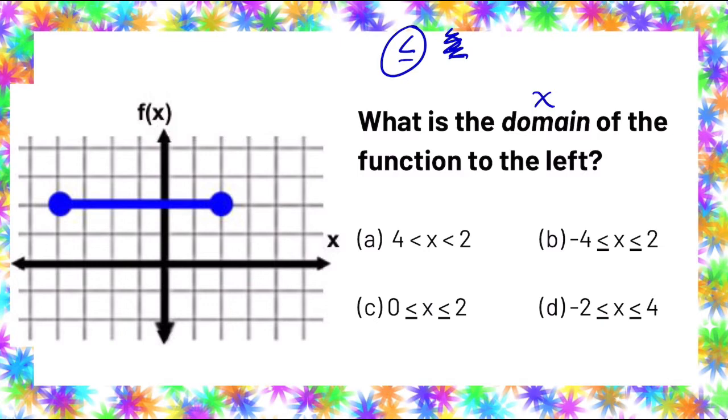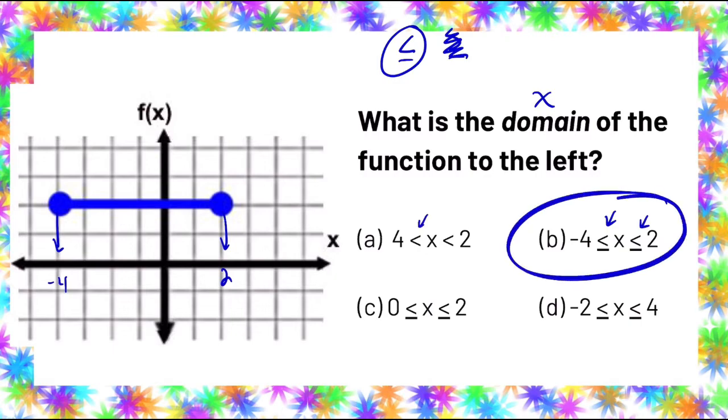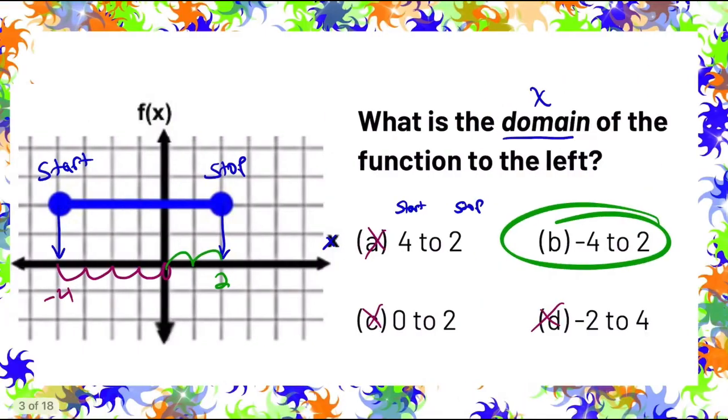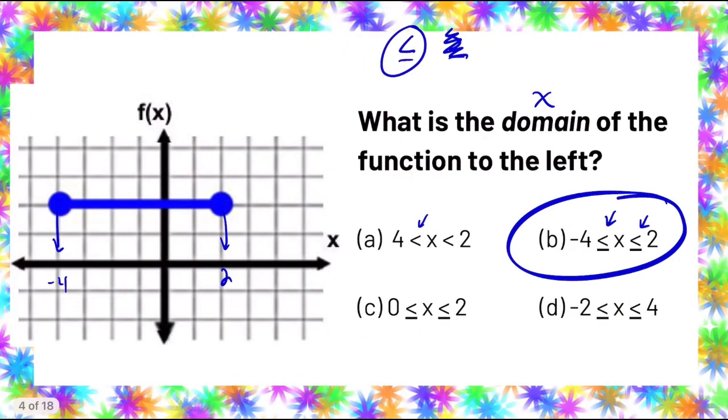So it's the same exact answer. I'm still starting at -4 and I'm stopping at 2. There's only one choice that has those two numbers, but I do have this inequality symbol instead of this one, and we're going to talk more about that in a little bit. But notice that that is the same exact answer as this, just this one doesn't have inequalities and this one does.